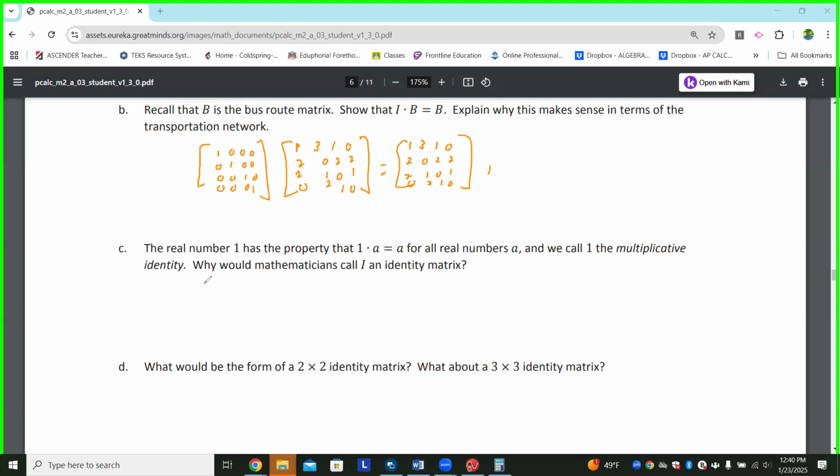It's just called an identity matrix because it's a matrix, right? So you get something that looks like this. I think they write it like this, dot, dot, dot, 0, dot, dot, dot, 0, dot, dot, dot, 1, and so on. So that would be your identity matrix for all matrices.